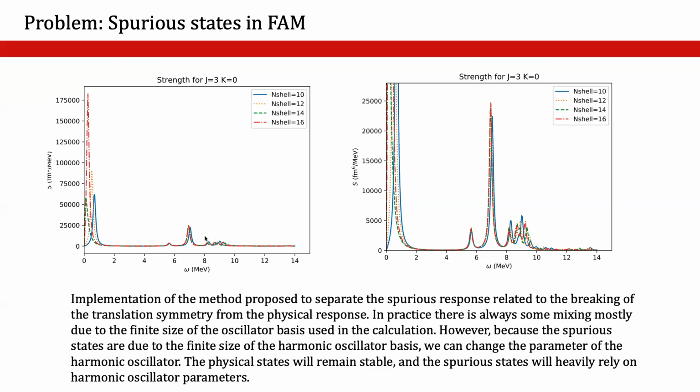So by changing the harmonic oscillator parameters, we can separate the physical state and the spurious state, because the physical state is much more stable. That's how we separate the spurious states.